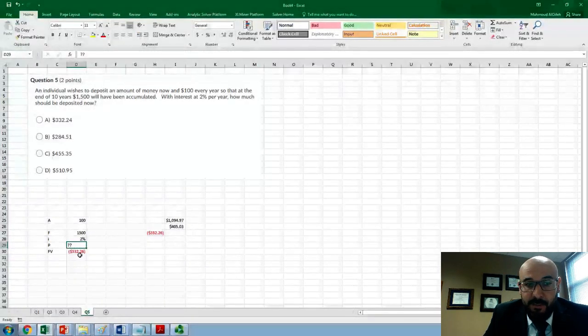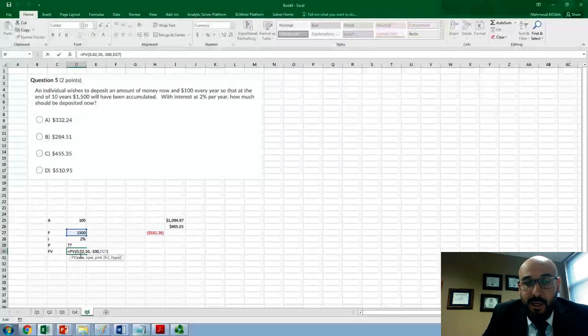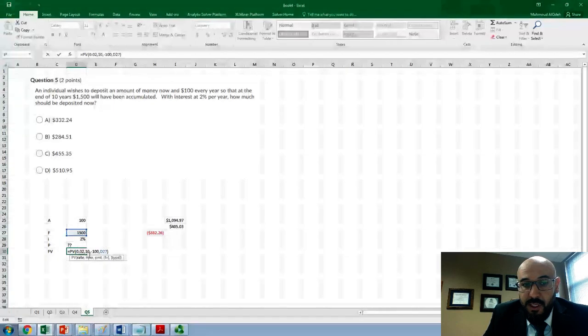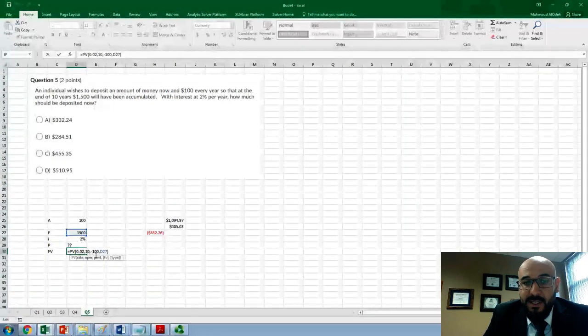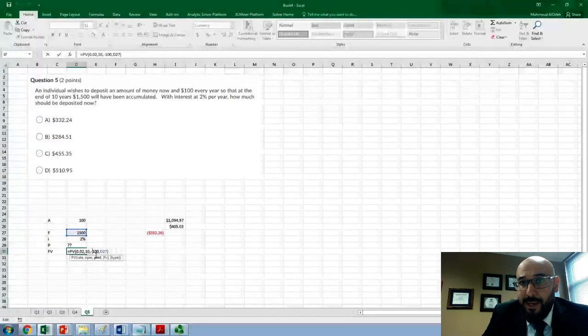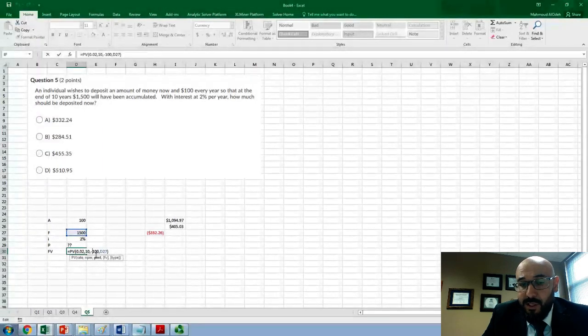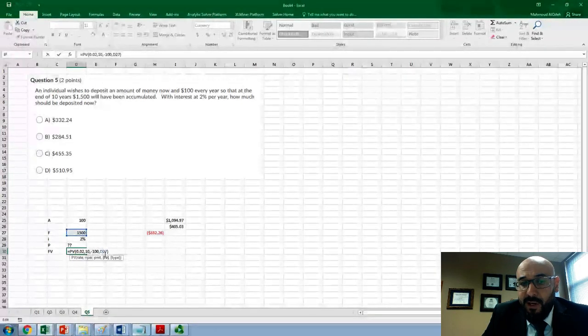That is using the PV function: 2%, 10 years, negative $100 as a payment, since we pay 100 every year, and the future value would be the 1,500.